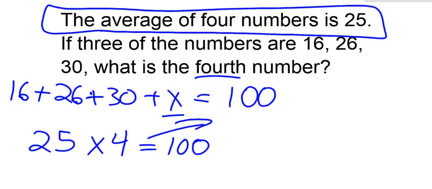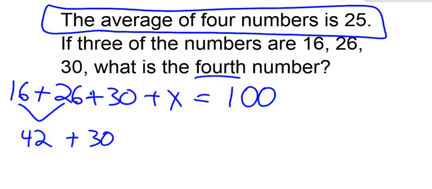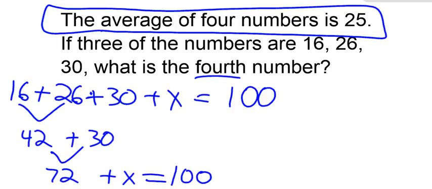And so with that in mind, we can add our numbers together. And so 26 plus 16 is going to give an answer of 42, plus 30 is going to give an answer of 72. So 72 plus something equals 100.